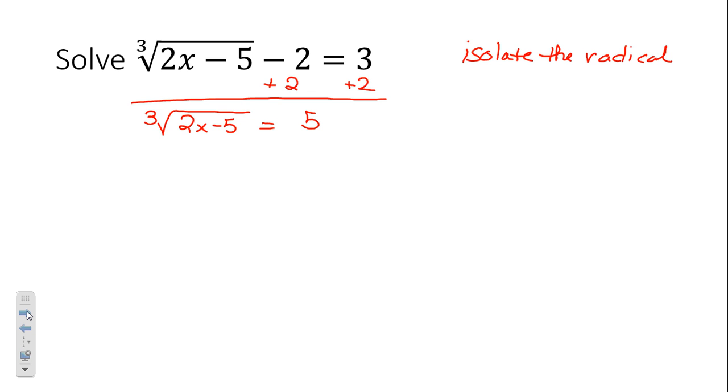Now we want to eliminate the radical by cubing both sides. So what do I get on the left side, Laurel? Yep, 2x minus 5. It just drops out. Cube root, cube, gone. 2x minus 5 on the left. And what will I get on the right, Brenna?